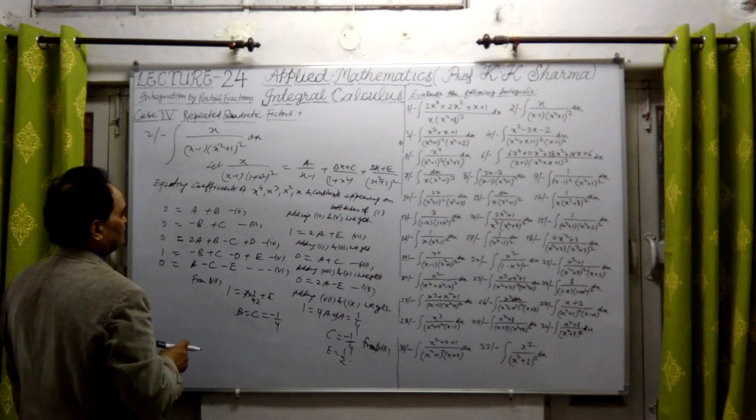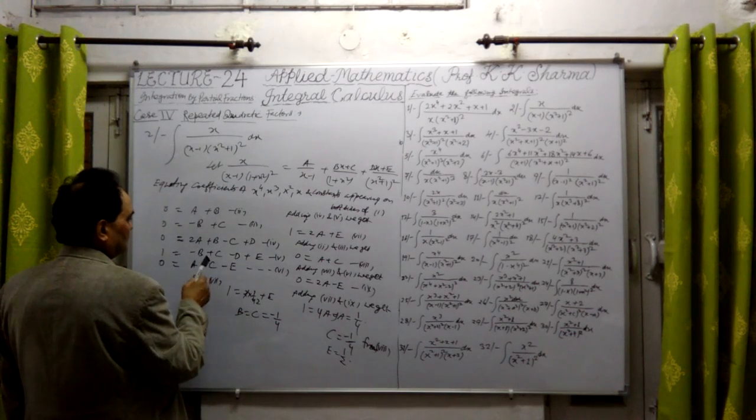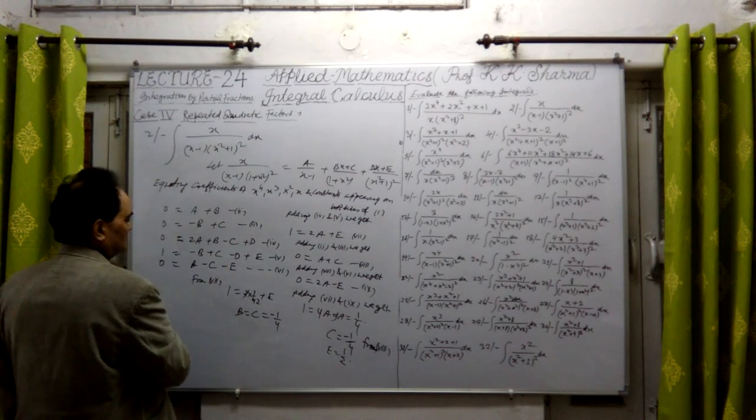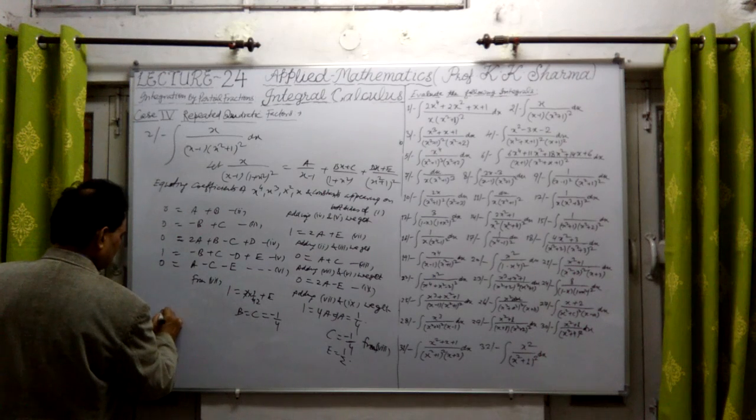Now D is only left over. So D can be calculated from either this or this. Let me take from this equation, from the 4th.